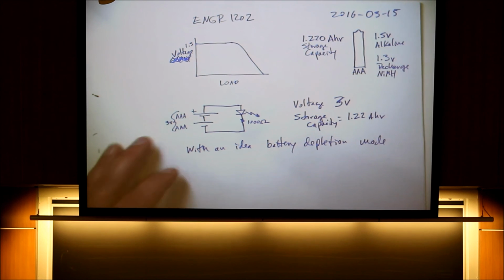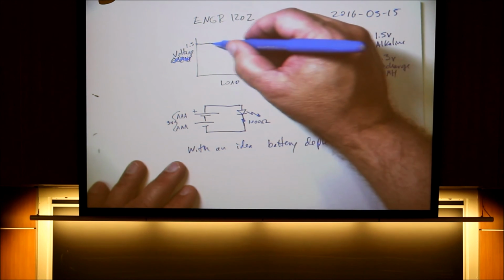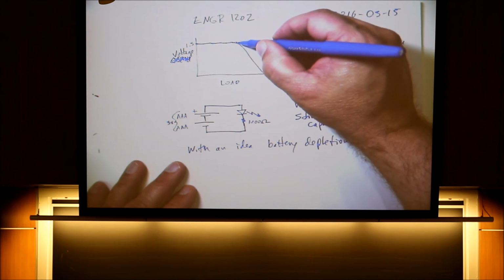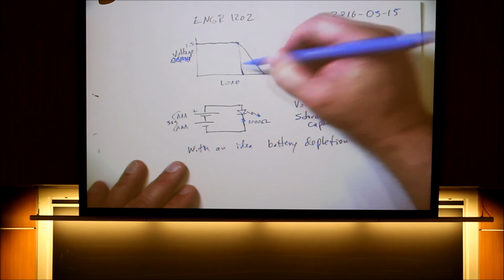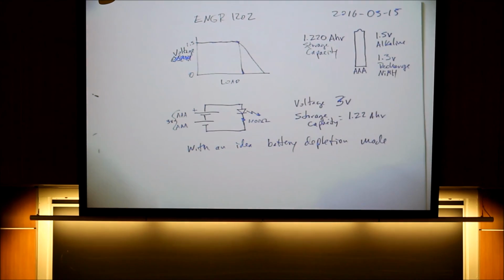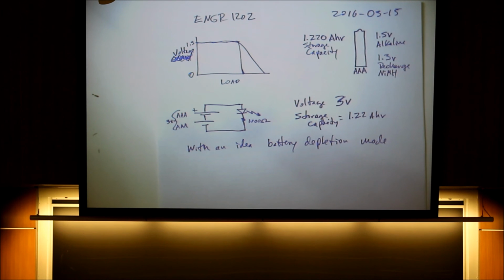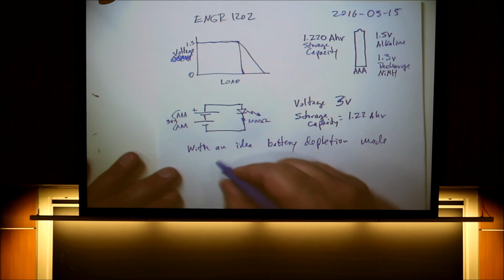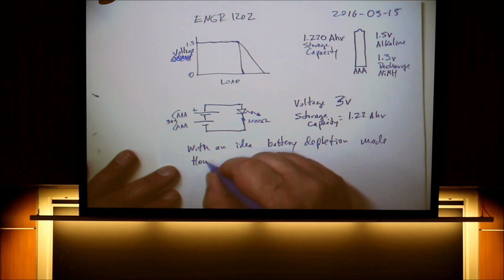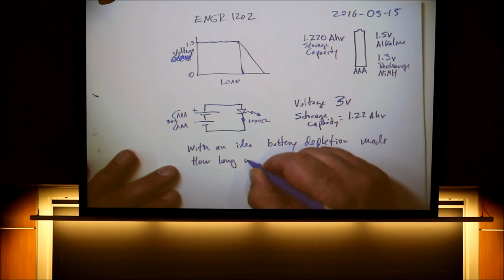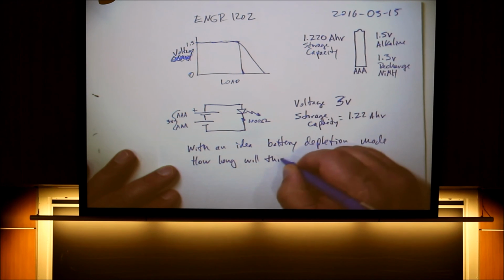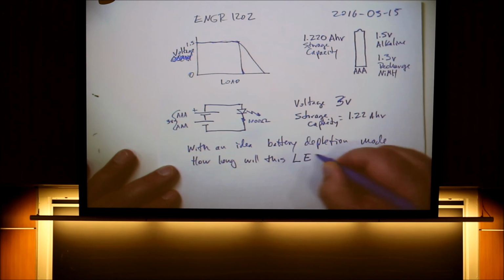In other words, we're going to assume that you will provide 1.5 volts of energy, and then you go down to 0 when you use it all up. How long will this LED stay lit?